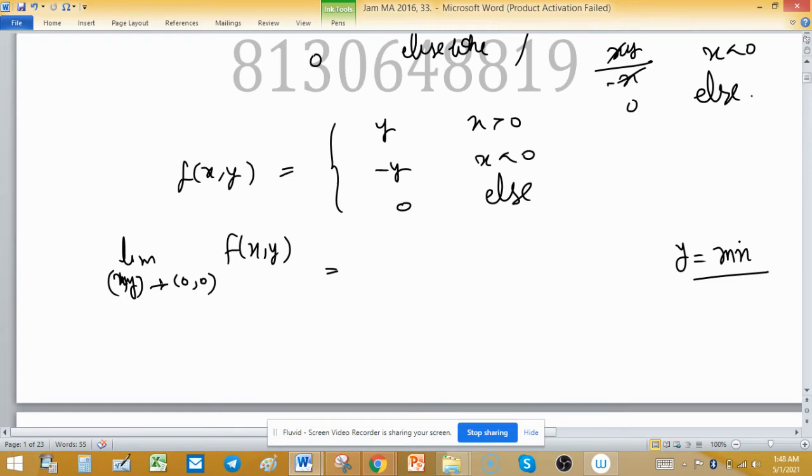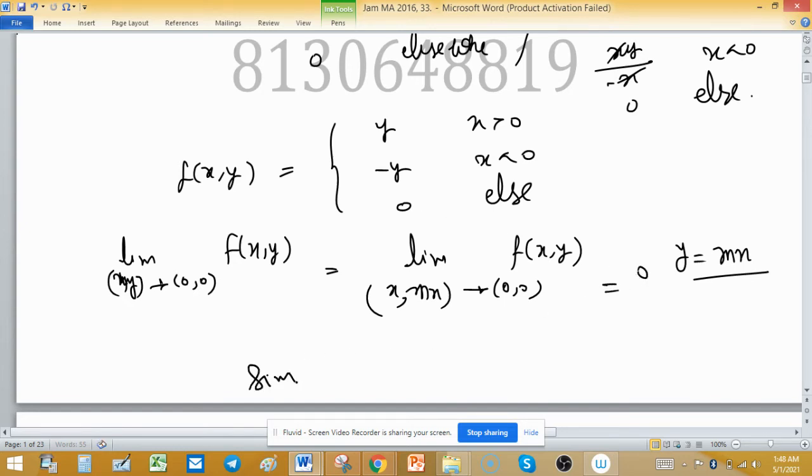So it can be the limit as (x, mx) tends to (0, 0), or finally x tending to 0 of f(x, y). If x tends to 0, it doesn't mean x is greater than 0 or x is less than 0. So the limiting value is 0. Similarly, when we approach this point from the right hand side or left hand side, finally the limit we have is 0.